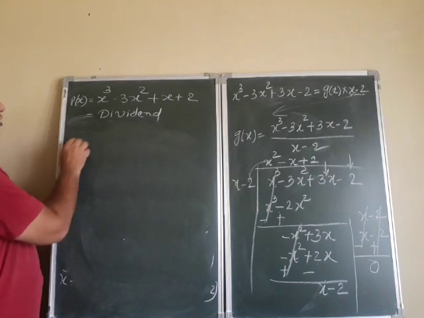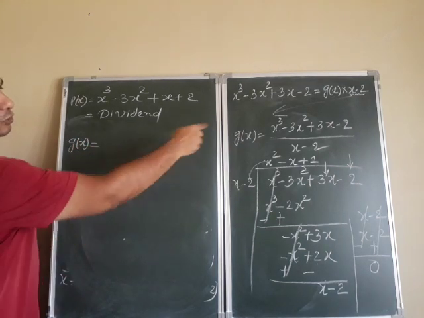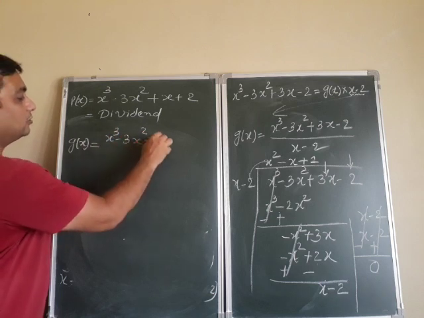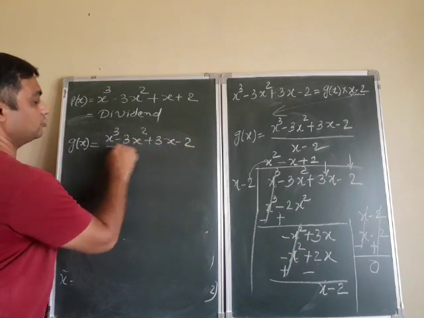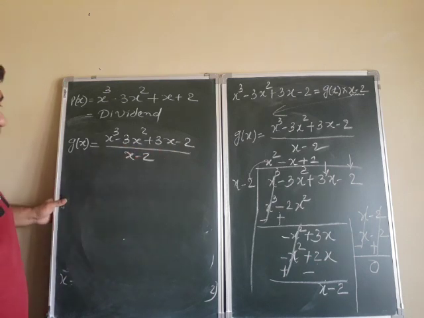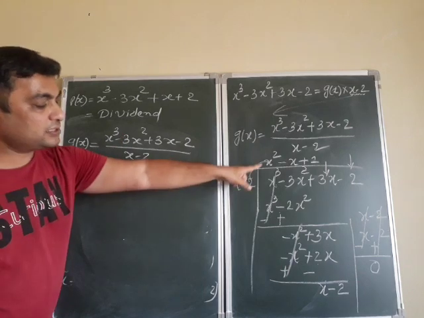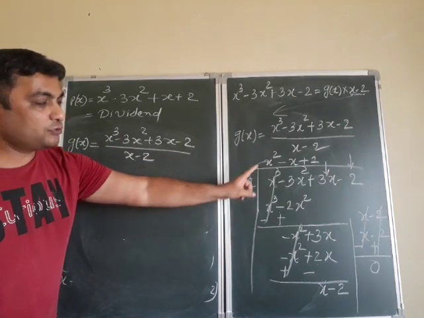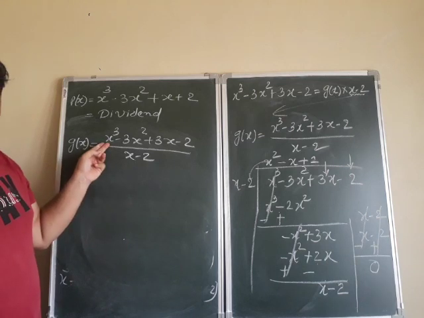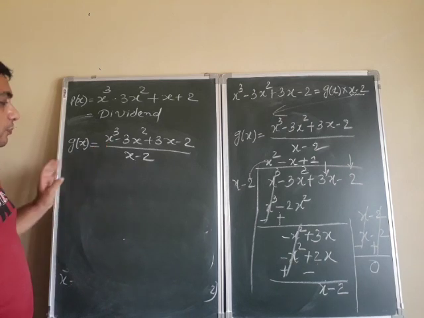So let me write g of x is equal to x cube minus 3x square plus 3x minus 2 upon x minus 2. Clear? Now here we have done the factorization by using the long division method. Fine. We can have another method for the factorization of the polynomial.